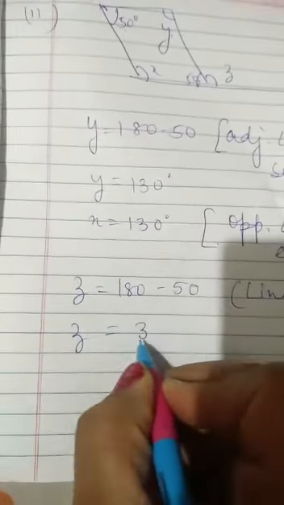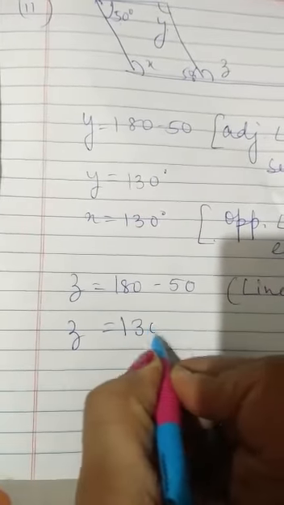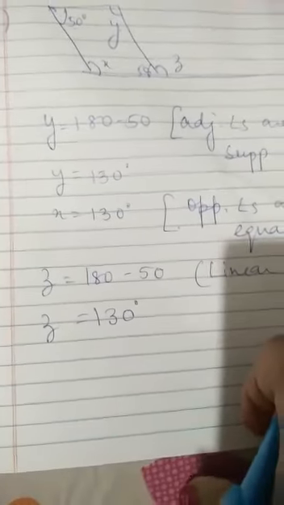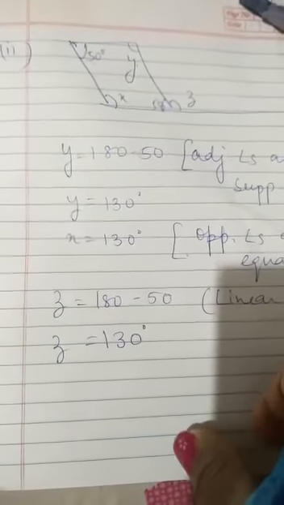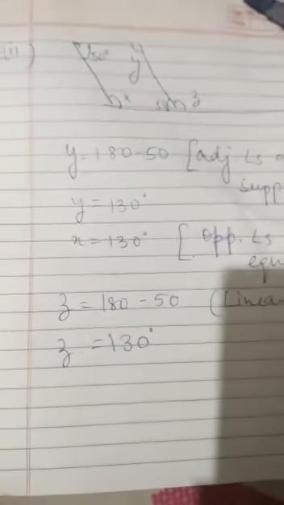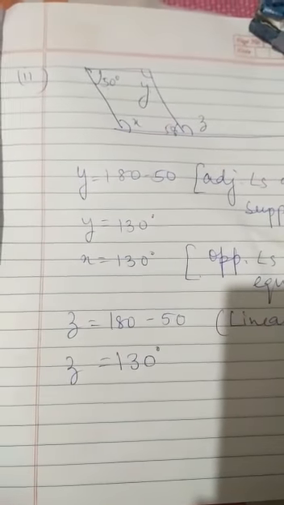Thus z will be equal to 130 degrees. So this way we can find all the angles. Now you can solve the rest of the exercise questions.